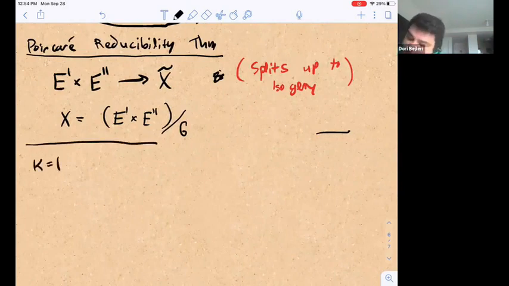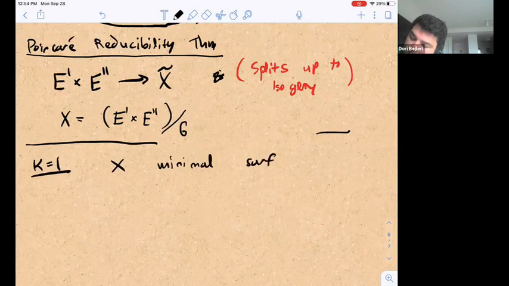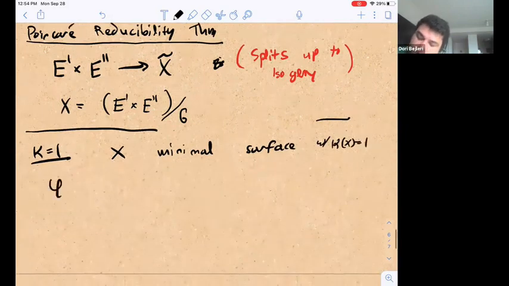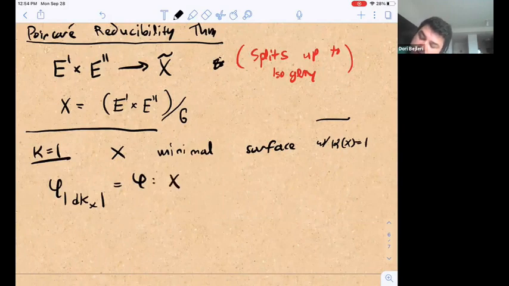So let's say that x is a minimal surface of Kodaira dimension 1. Then we proved during abundance that some large multiple of the canonical linear series for x is base point free.